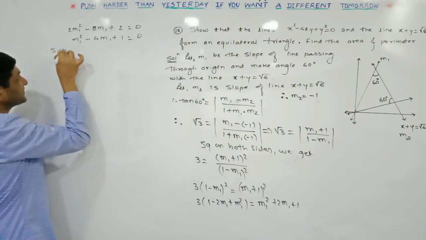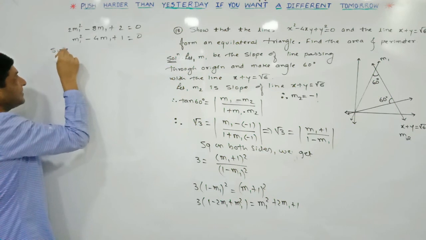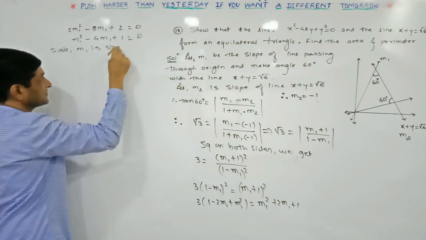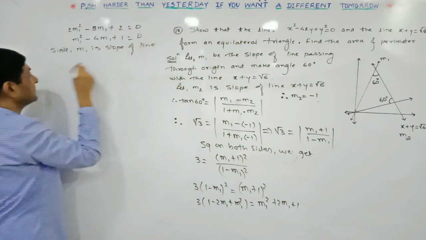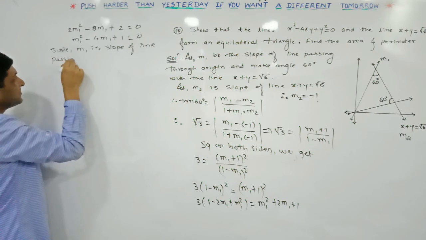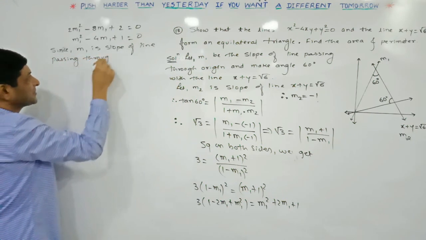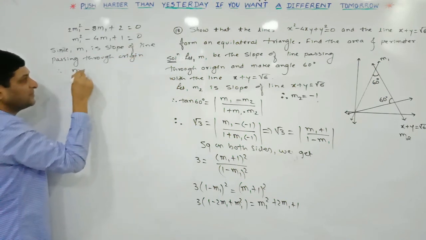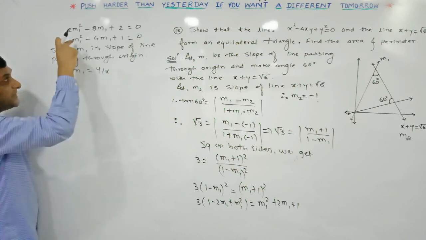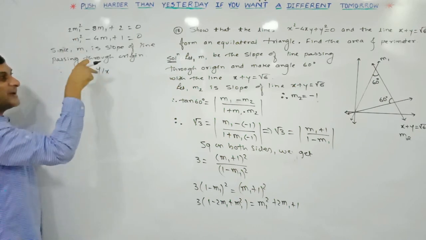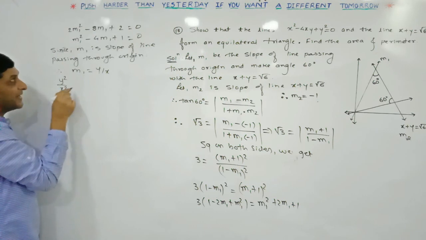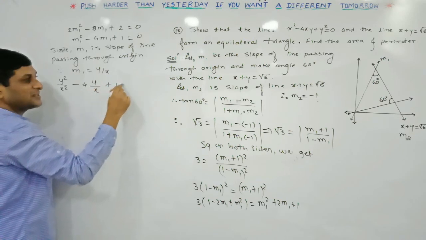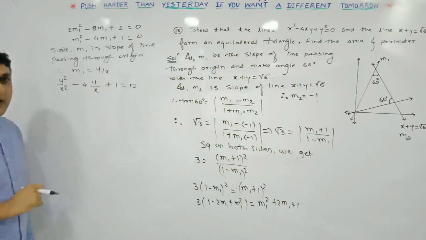So m1 will be equal to y by x. So replace m1 by y by x. So m1 square means y square upon x square minus 4, as it is. Again I am replacing m1 by y by x plus 1 is equal to 0. Now simply multiply both sides by x square.